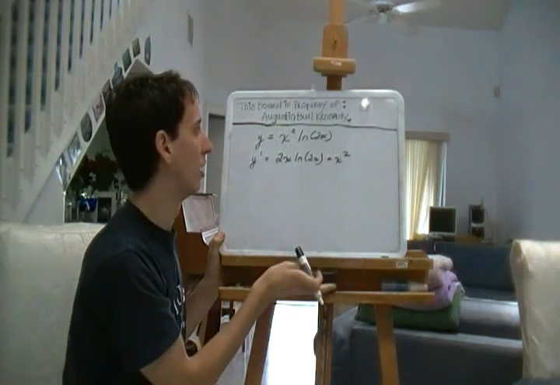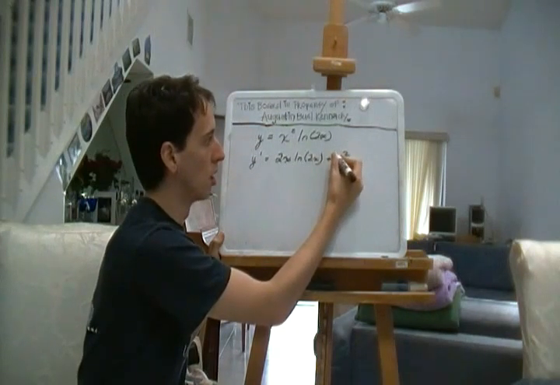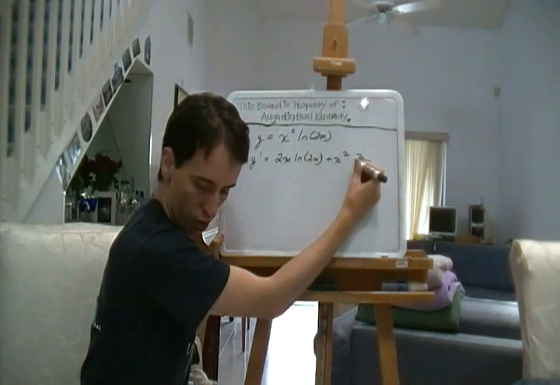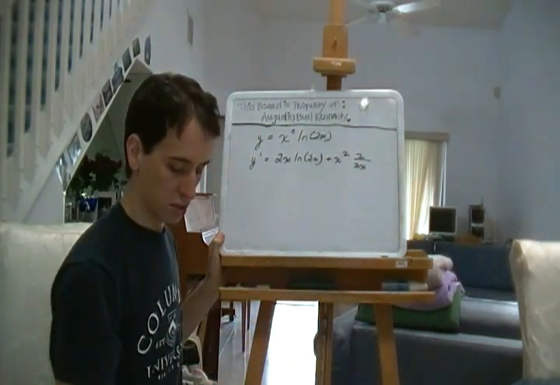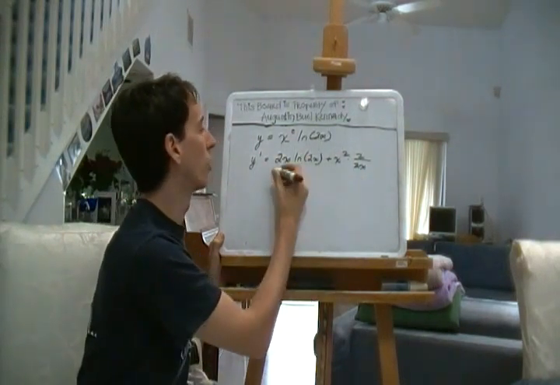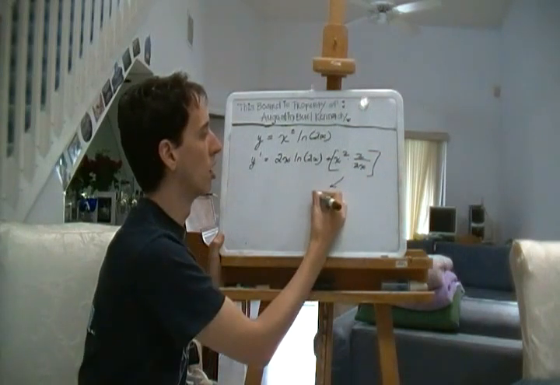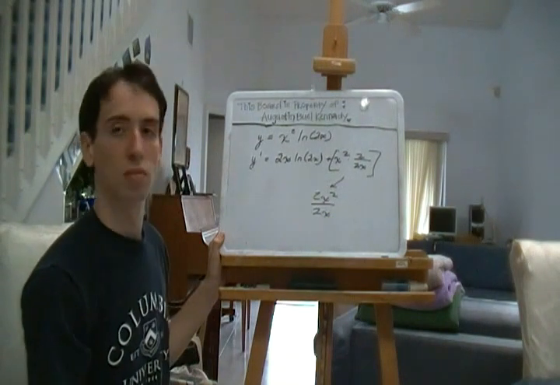what we end up getting here is x squared times 2 over 2x. Now, what this means is we're therefore going to get, over on this side, 2x squared over 2x.